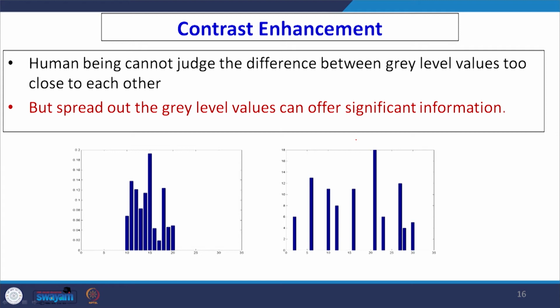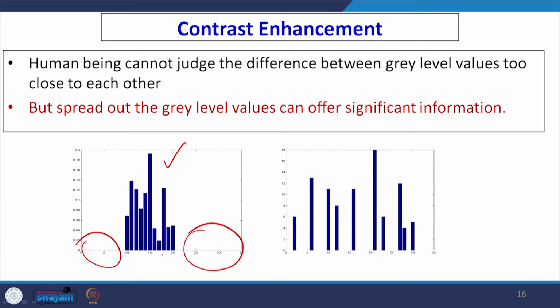Now our eye cannot differentiate between various gray shades because of the limitations of the eye, but digitally we can do that. So this is what we are doing actually. This example shows the left side histogram of the original image, where some values in the lower range and some values in the higher range are missing.